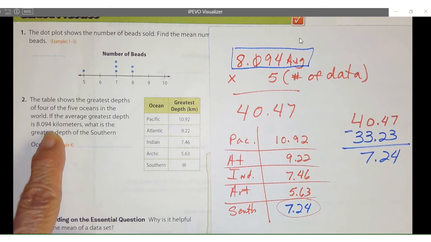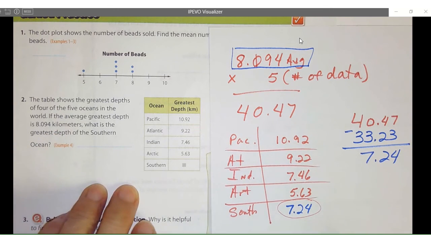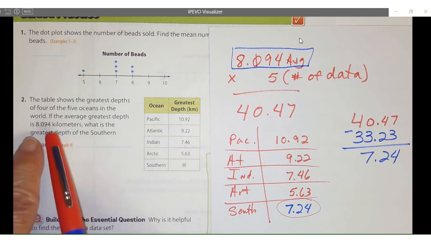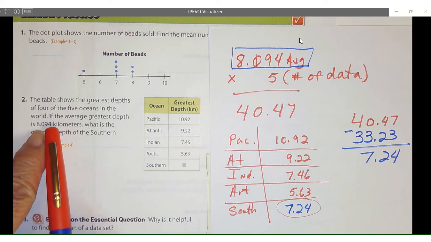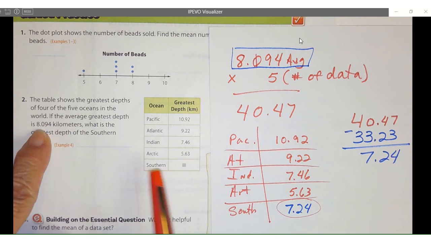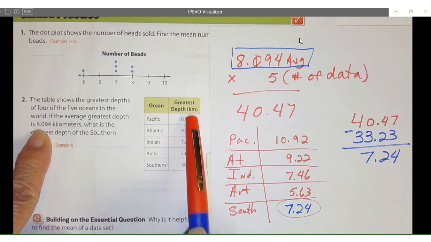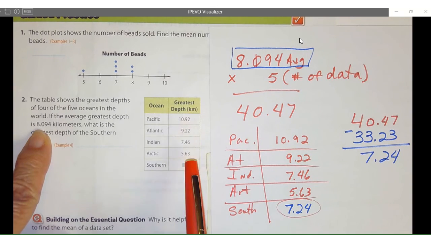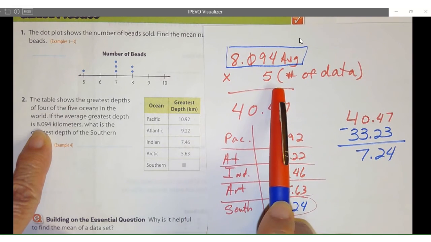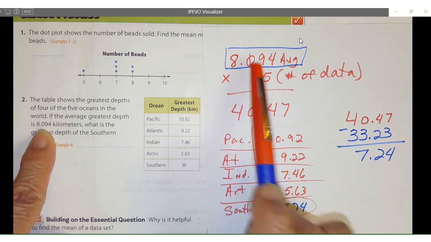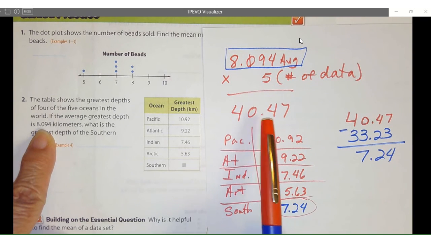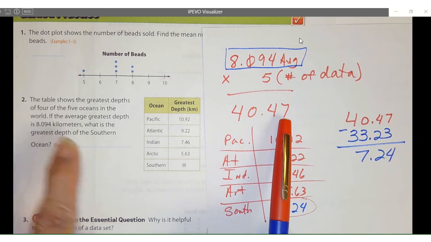If you're looking for the missing number, or you're looking for missing data, you go ahead and you take the average times the number of data that you have. So in this case, you had 1. You include this one, 1, 2, 3, 4, 5. That's where I got that at. 8.094 times 5 gave me the 40.47.